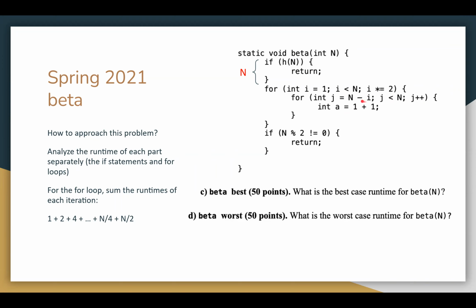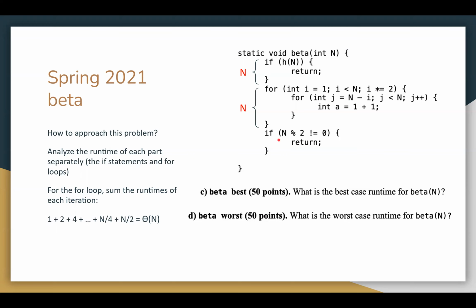In the outer for loop, our I value doubles every single time. So this would be 1 plus 2 plus 4, which is log n terms, and all sums up to theta n. So this for loop is another runtime of n.